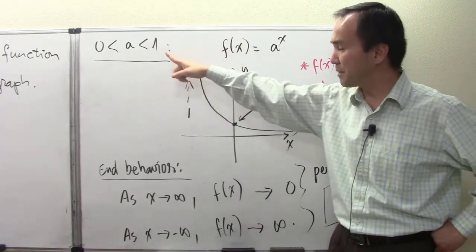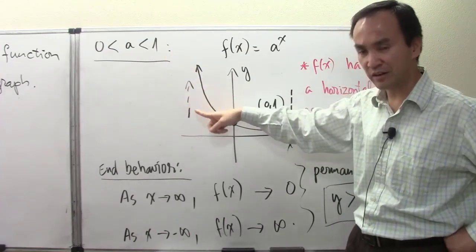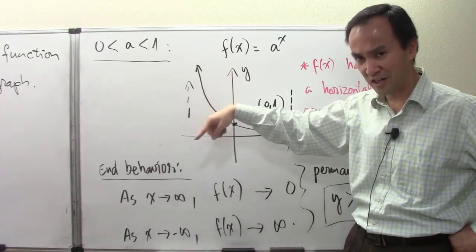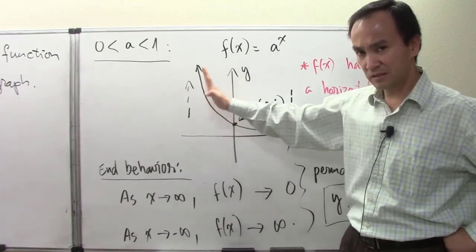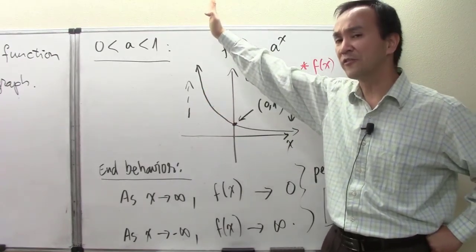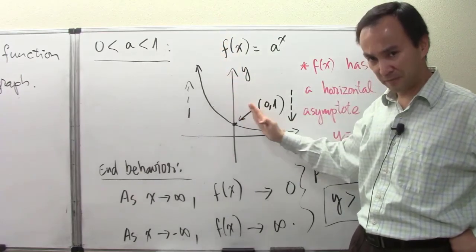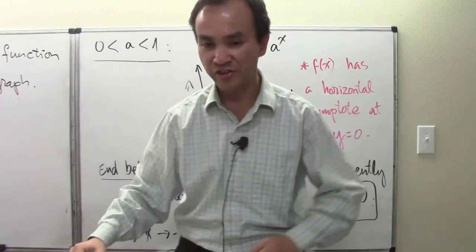And when the base is closest to 0, like down to 0.25 or 0.05, something like that, then the graph falls more rapidly on the left. The graph falls more rapidly on the left as the base gets smaller. Okay, the demonstration is here.